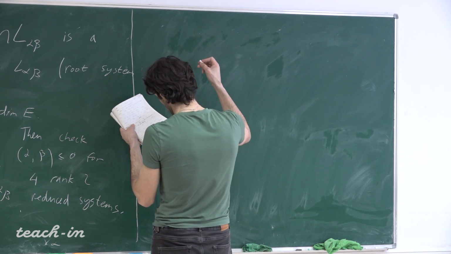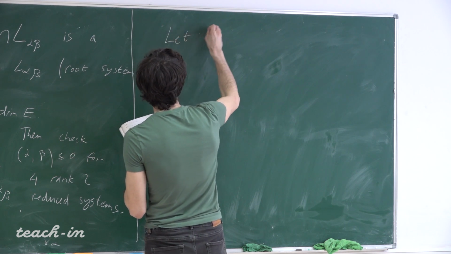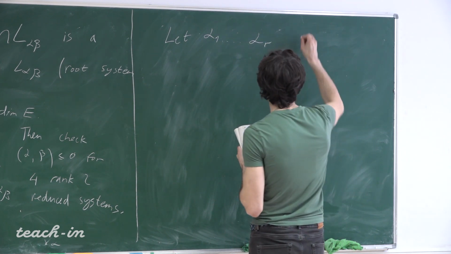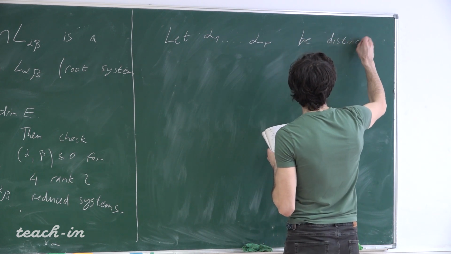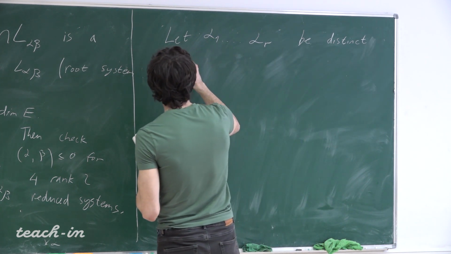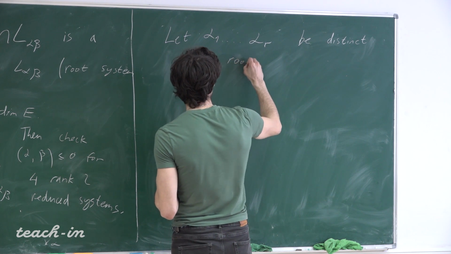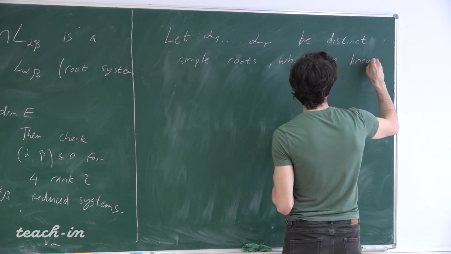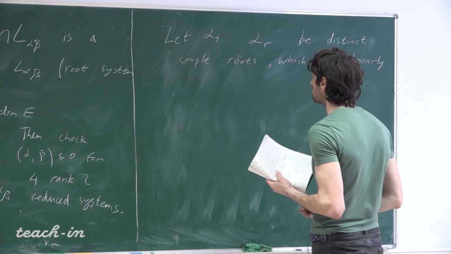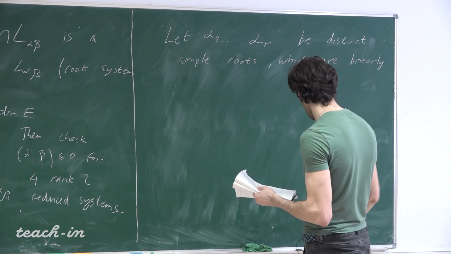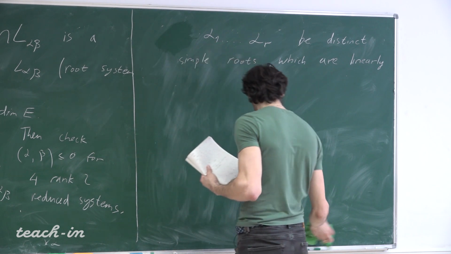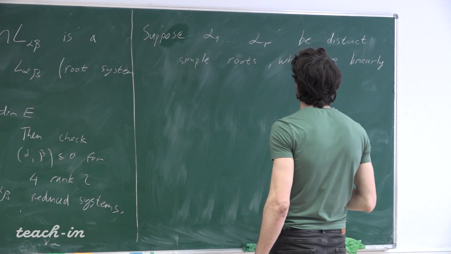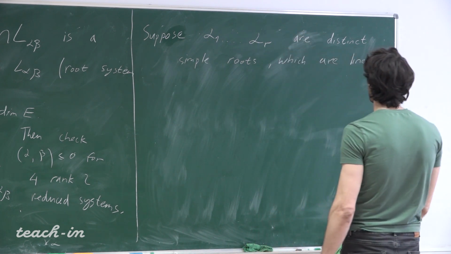So by contradiction, suppose alpha 1, alpha 2, up to alpha r are distinct simple roots which are linearly dependent.